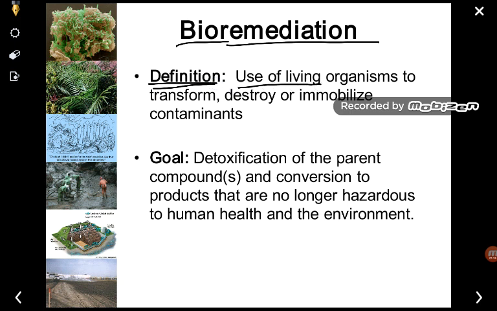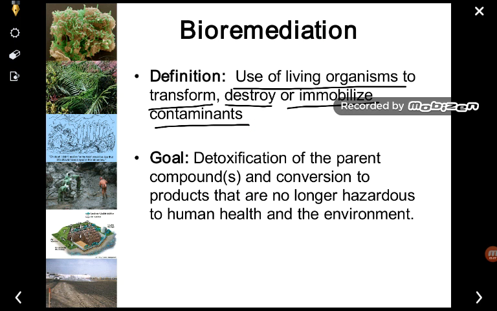The use of living organisms to transform, destroy and immobilize contaminants. हम ये क्या करते हैं, यहाँ पे ऐसे organisms का यूज़ करते हैं, जो या तो वो लोग को ट्रांसफॉर्म कर देते हैं hazardous से non hazardous फॉर्म में, या फिर destroy करते हैं the contaminants और immobilize करते हैं the contaminants. So always remember that use of living organisms to transform, it is not only to destroy but also to transform, destroy or immobilize contaminants. It is said to be bioremediation.